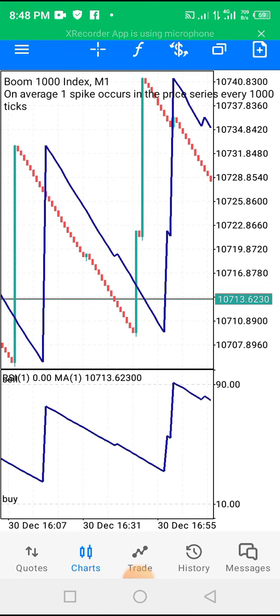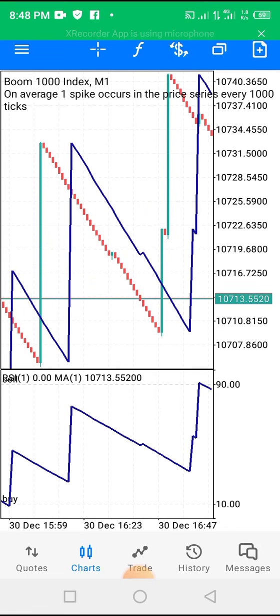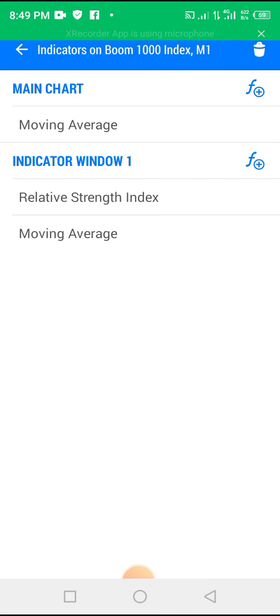So before we start, I'll like to share with you guys the settings for this strategy. To apply the settings, you have to go to the F icon you see on top here. You click on the F icon. The indicators we are having for this strategy are the moving average on the main chart, and on indicator window 1 we have the relative strength index and the moving average again.